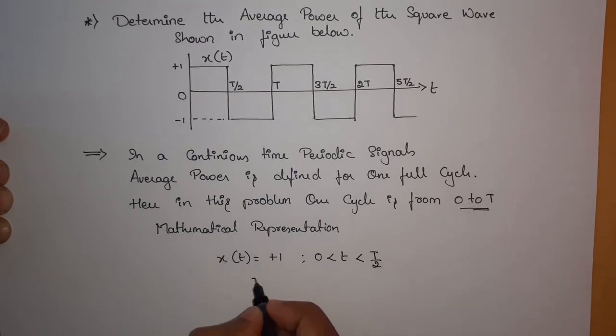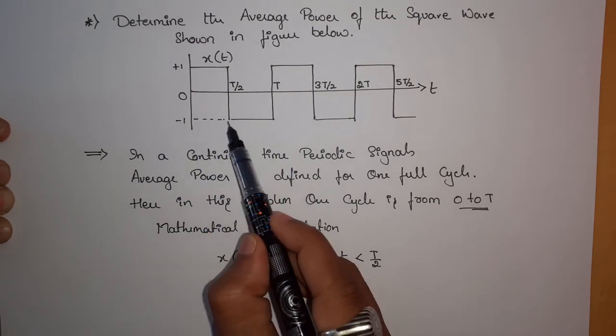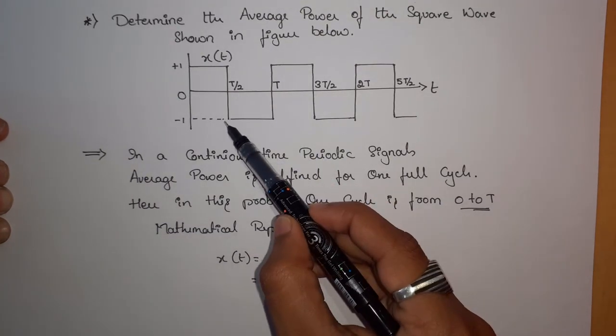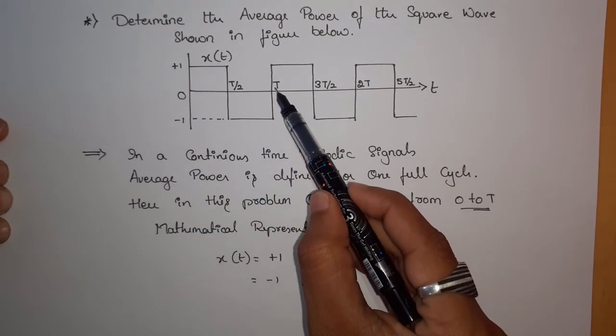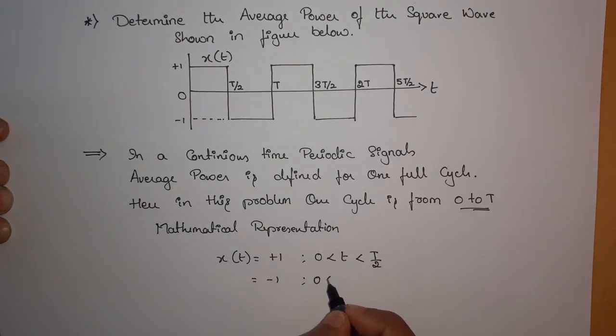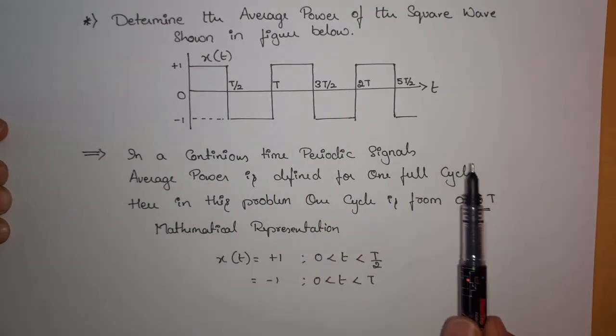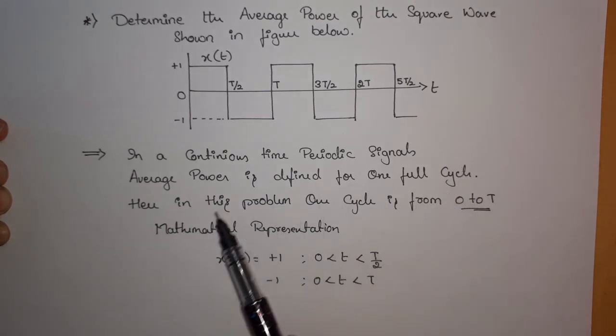And the value of x of t is minus 1 starting at T by 2 and ending at capital T. Remember, we are representing x of t for one full cycle, that is from 0 to capital T only. Now we have the mathematical representation of the signal x of t for one full cycle 0 to T.